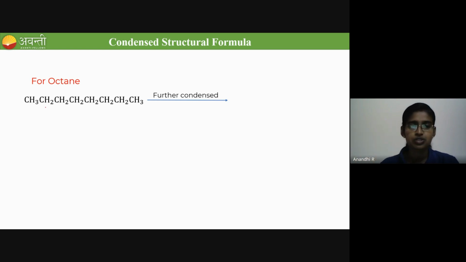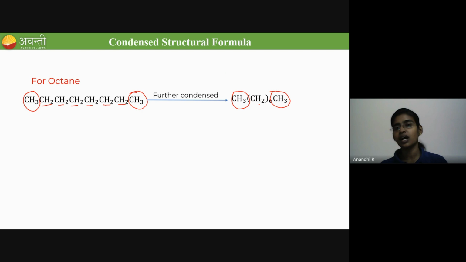How many CH2 groups are there? 1, 2, 3, 4, 5, 6, right? So I can write CH3, the left end CH3 is written here, and the right end CH3 is written here, and the in between 6 CH2 are written in a curved bracket. And they have written 6 to it.